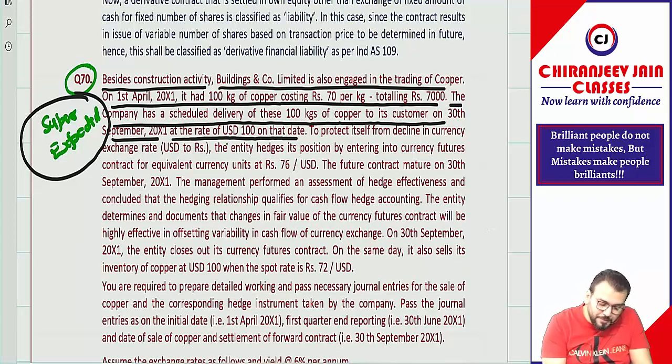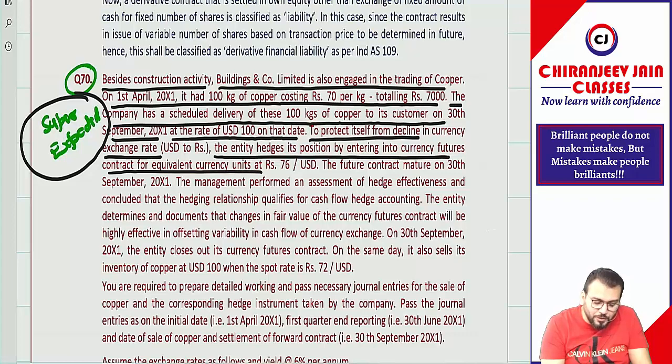Means they have done one contract to sell this copper in foreign currency, that is US dollar 100. To protect itself from decline in currency exchange rate, the entity hedges its position by entering into a currency future contract for equivalent currency unit at rupees 76 per US dollar.